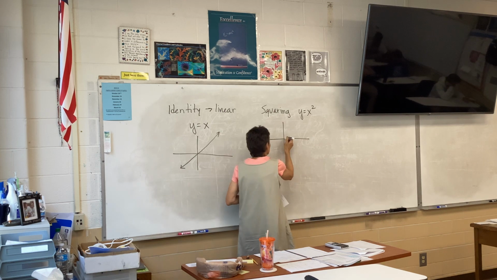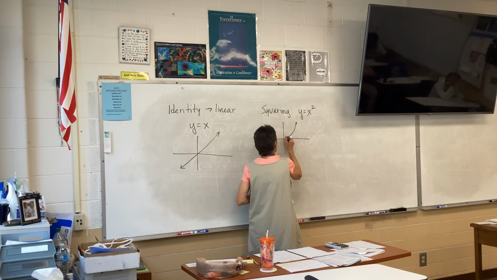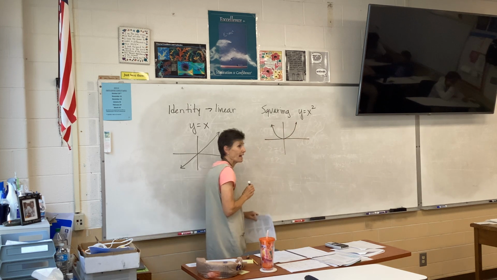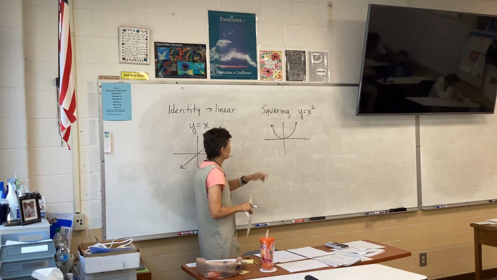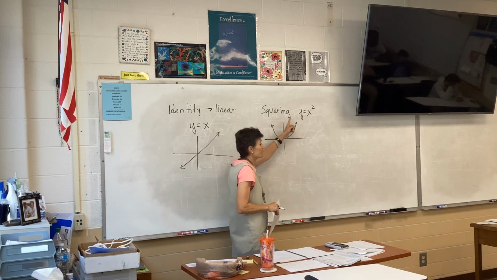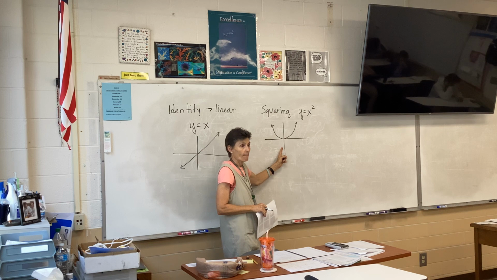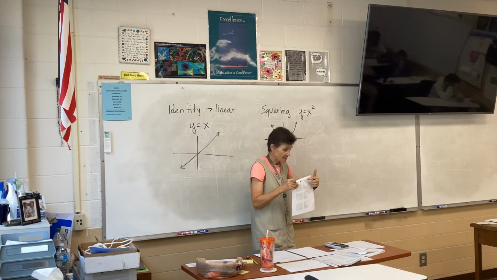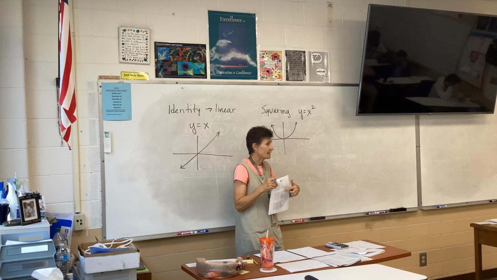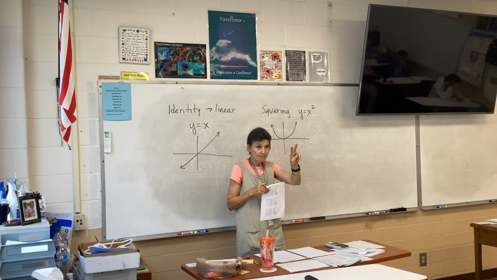It's a parabola, vertex here at the origin, opening up just like that. So here is the name, here is the equation, here is the picture. That's what you need to know. So all the rest of this stuff over here, I don't want you worrying about any of those words. You're gonna memorize the shape, the name, and the equation.